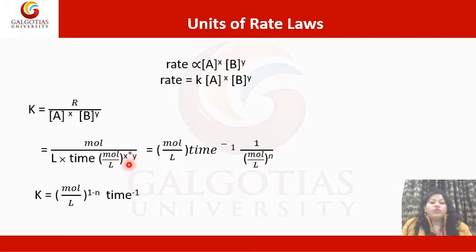Now, when we calculate that, mole per liter time inverse multiplied by 1 upon mole per liter, with the powers expressed by the term n. So, k is equal to (mole per liter)^(1 minus n) time inverse. This is the unit of the rate constant.